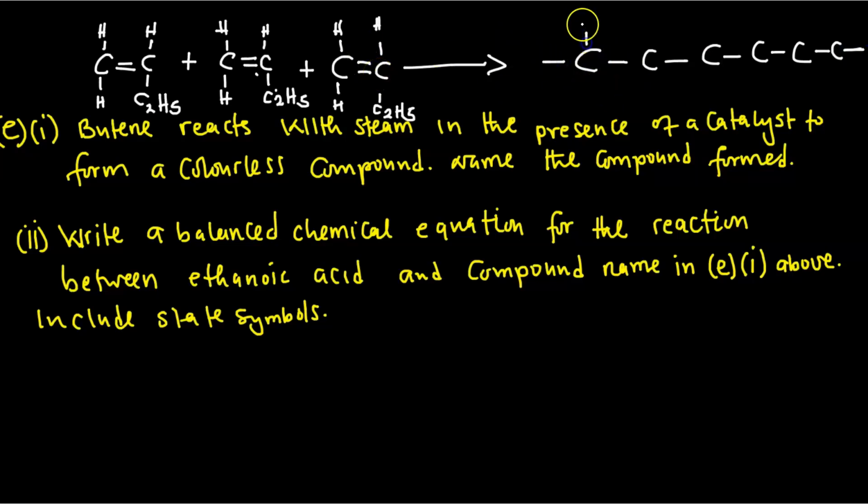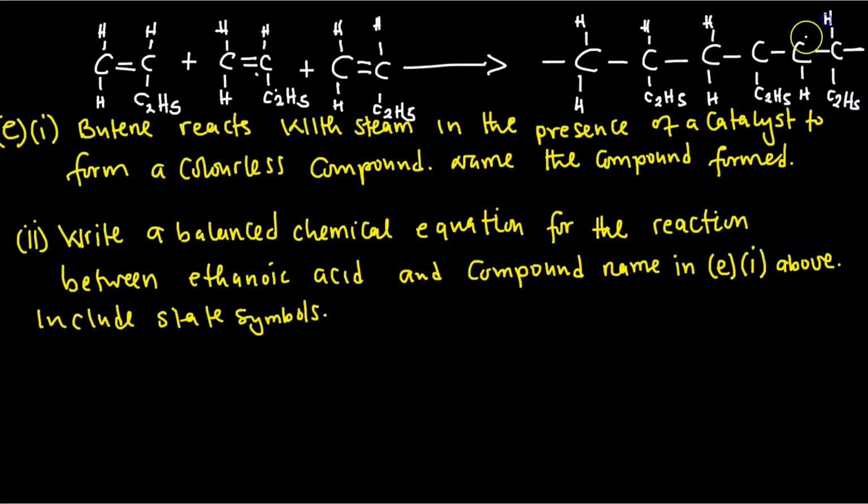Then here it's going to be hydrogen. Look at this. We just pick here hydrogen. Then here the second carbon is going to be hydrogen, but down it will be C2H5. Then here hydrogen, here hydrogen, but here C2H5, here hydrogen, here C2H5.